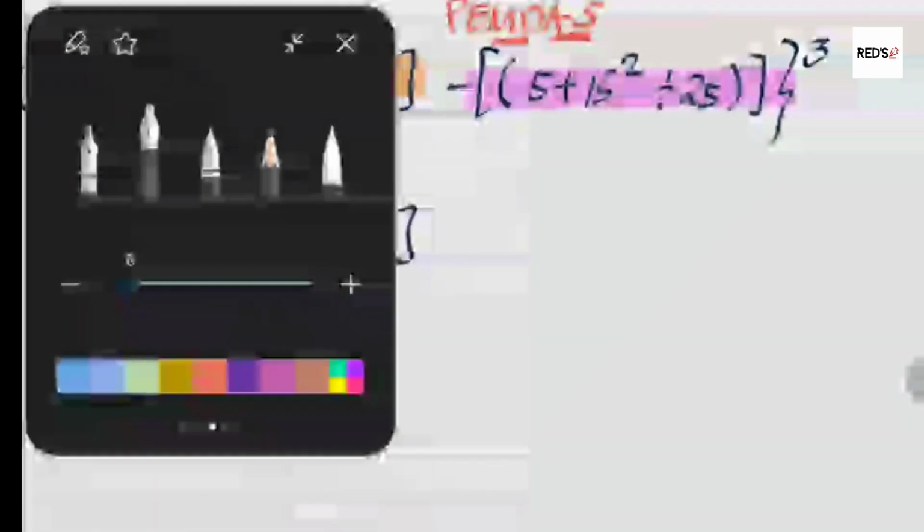So A sub 1, or A1, that should be the first step. And then after finding the cube of 13, let's use mustard yellow, we should multiply it to the answer here for A1.